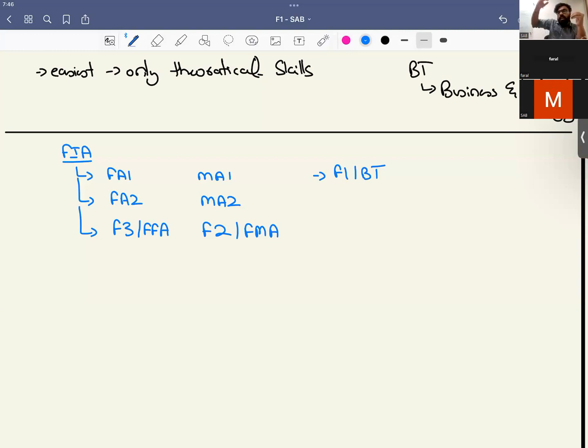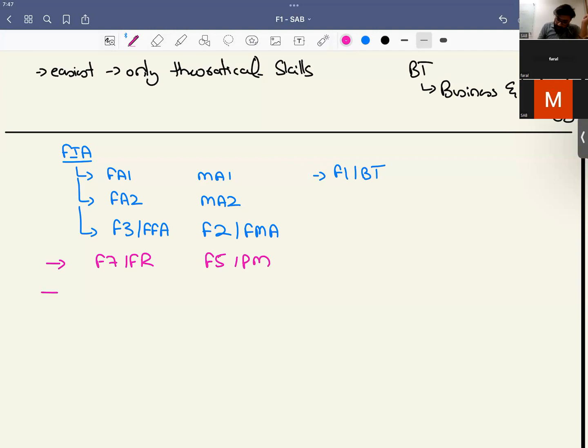If you see the hierarchy of ACCA, after F3 there is F7 or FR, which you are going to study. And similarly, after F2, there is F5 or PM, right?